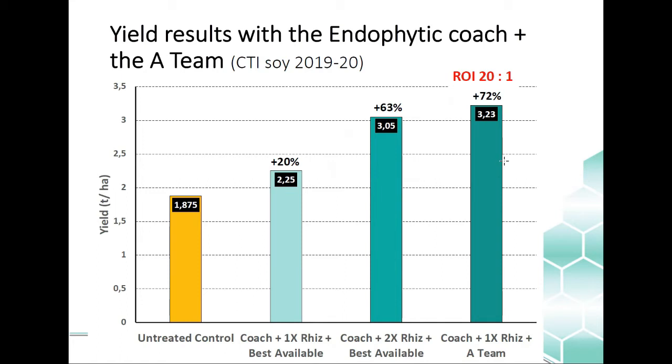Then, because it's virgin soil, we know it's a numbers game. So we gave the coach a double dose of rhizobia and also saw what's the best team it could put together. There you see the yield increase suddenly going up to 63%. And then in the final one, we gave the coach not only a single dose of rhizobia, but the A team, the team that consisted of all those functional groups, and saw what the yield increase was.